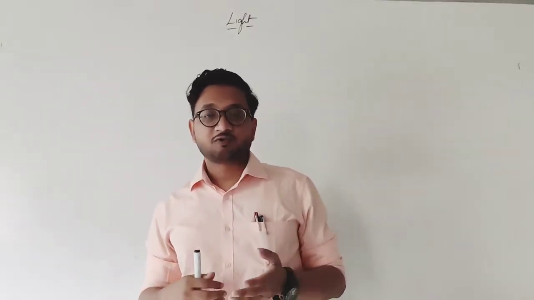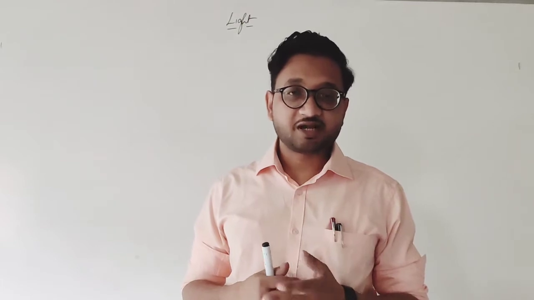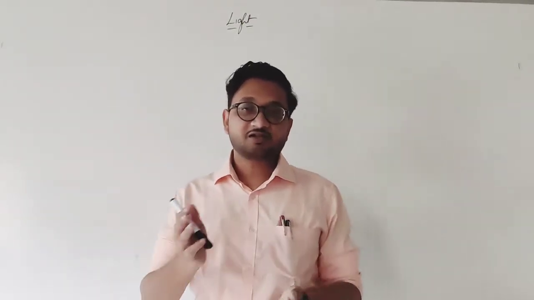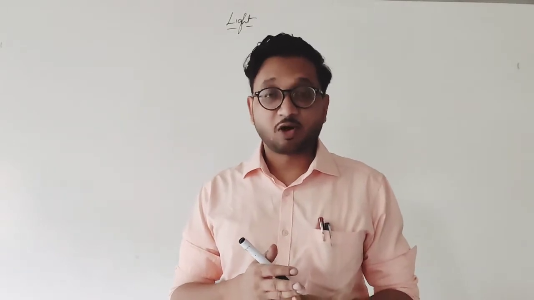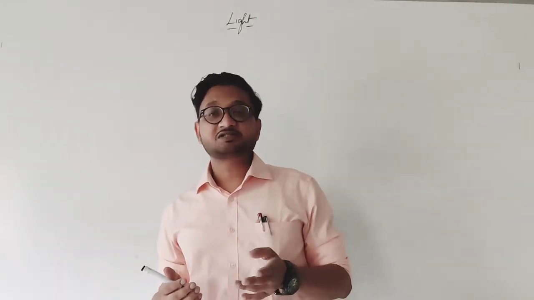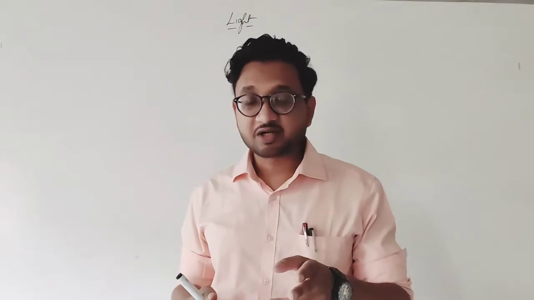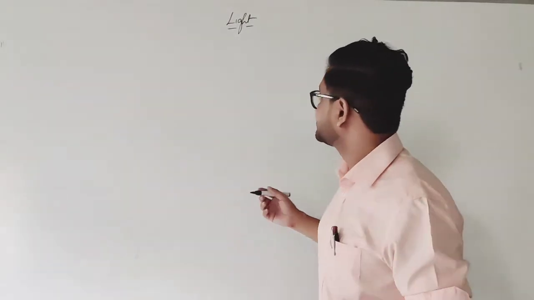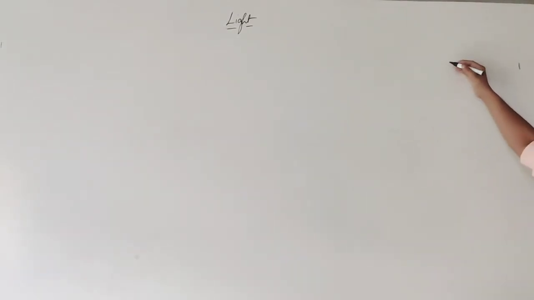So now for the converging lens we have the convex lens. If we are making the image formation by a concave lens, then it will be similar to the convex mirror that we studied previously. If you remember, in the convex mirror we had only two cases.